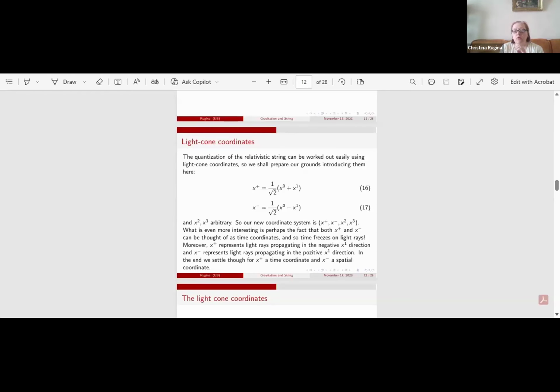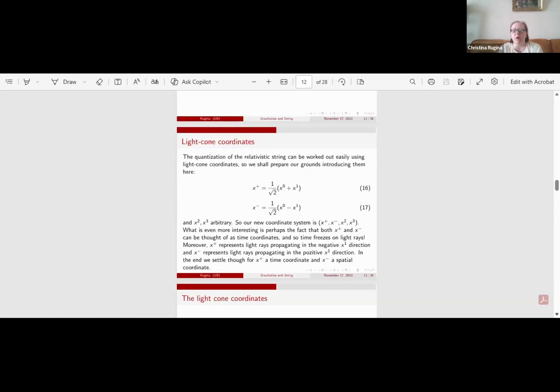You will see the validity and viability of these coordinates later on, when we reach the spectrum of closed and open strings, and we compare the Klein-Gordon equation of a scalar to the Schrodinger equation and so forth.